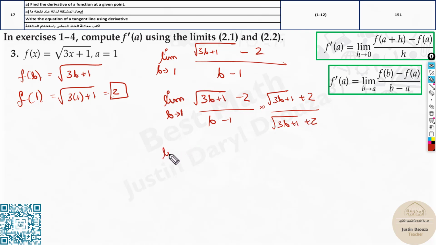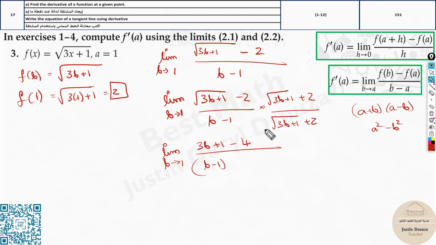Here directly I'm going to write b tends to 1. In the numerator we will have 3b plus 1 minus 4. This radical cancels off because the formula is a plus b, a minus b is a square minus b square. Just remember that. Now in the denominator we have b minus 1.